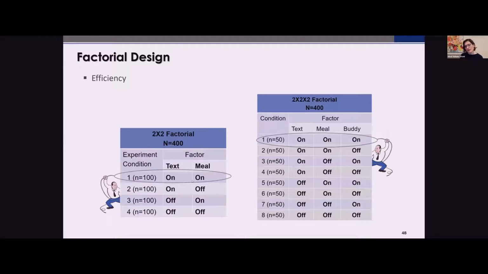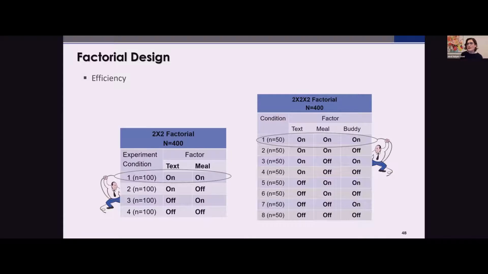And I want you to notice that despite the fact that in the 2x2x2 design, the 8 condition design, I was trying to answer 3 scientific questions as opposed to 2 in the 2x2, despite the fact that here in a more complex design, I have 8 experimental conditions as opposed to 4, and despite the fact that I have fewer participants in each condition, 50 compared to 100, all else being equal, I'm not losing power for answering my scientific questions.